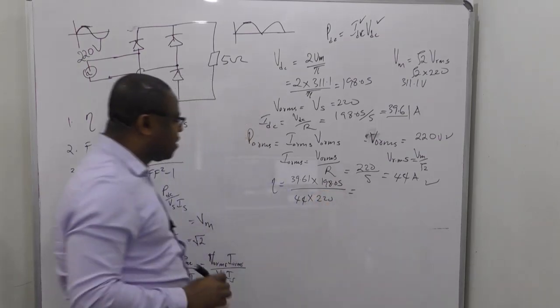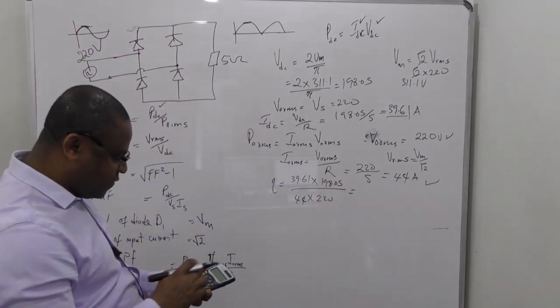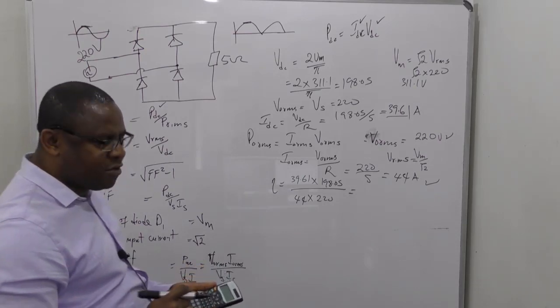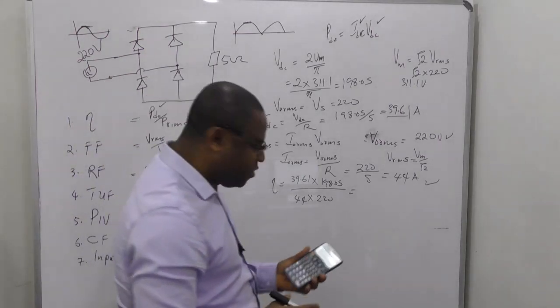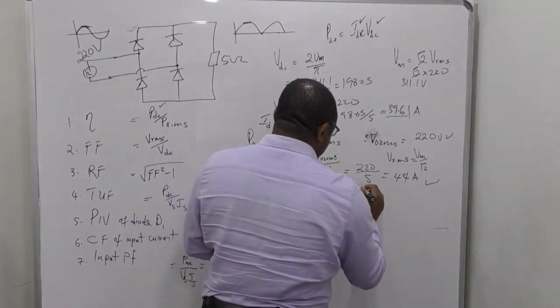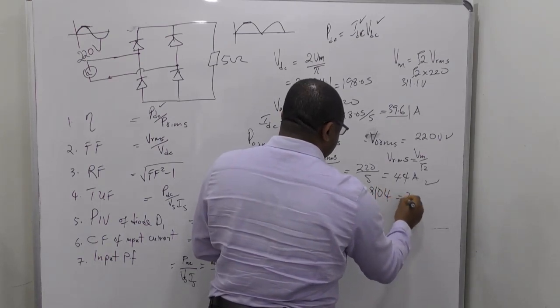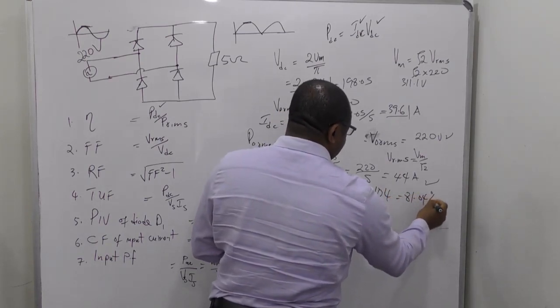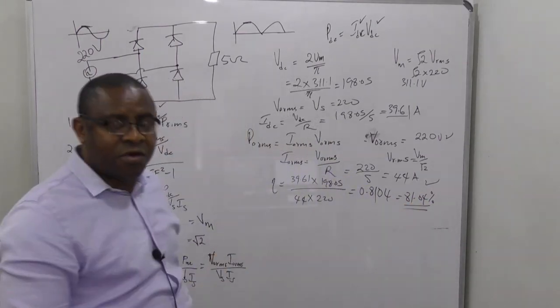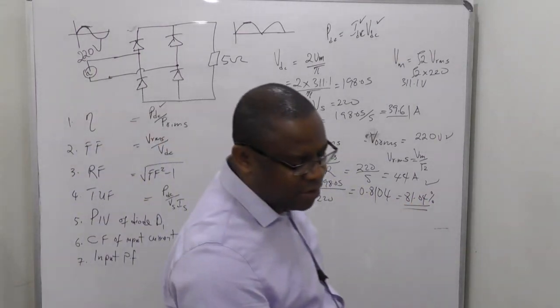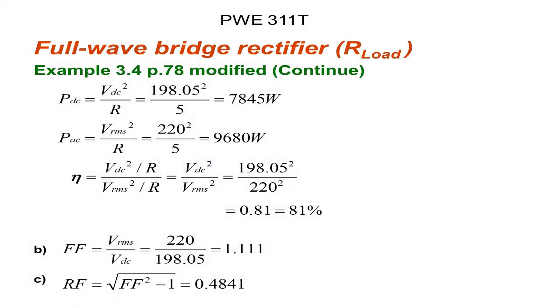So you get about 0.8104, which is 81.04%. You can also solve it another way, using VDC squared over R divided by VRMS squared over R, to give you VDC squared over VRMS squared.